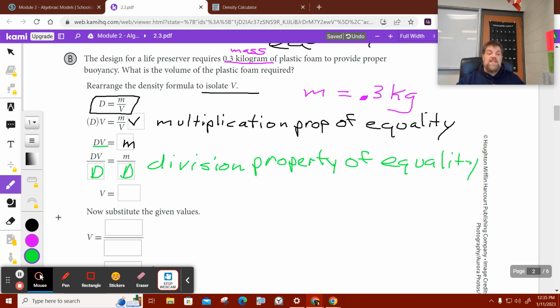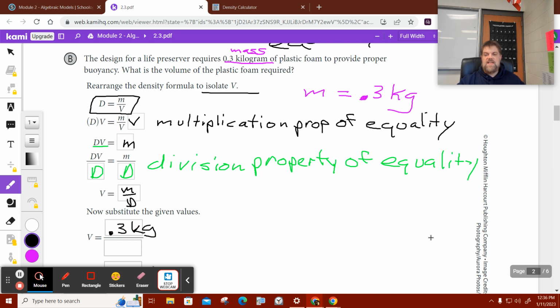What's D divided by D? 1. What's 1 times V? It's just V, right? And then over here, I'm just going to write M divided by D. So then what is the mass? Well, my mass is 0.3 kilograms.